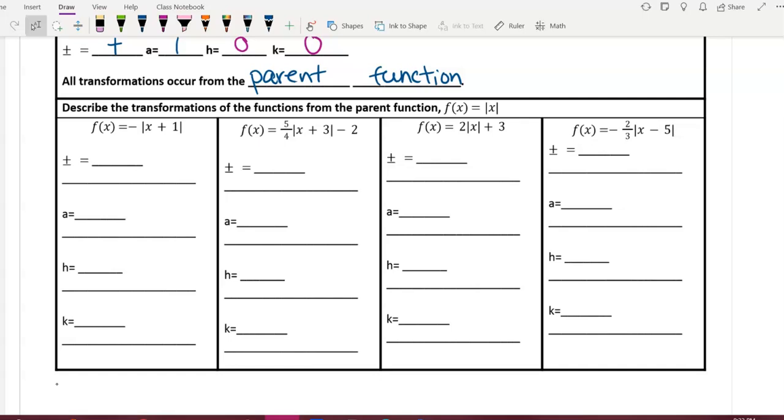Moving down, we are almost done. Describe the transformations of the functions from the parent function f of x equals absolute value of x. So starting with this first one here, is this a positive or a negative graph? Well, we look out front right here, and we have a negative sign. So we know this graph is negative. What happens when the graph is negative?